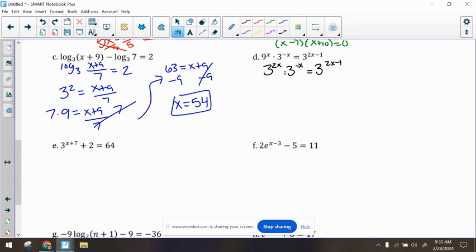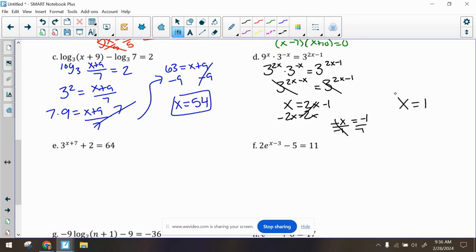I'm going to use my properties to make this 2x minus x, which is really 2x plus -x, but I can combine it because I want these to be balanced on both sides, because if we have the same base, I am allowed to set the exponents equal. At the same time, I know that 2x minus x is just x, so x equals 2x minus 1, and then I solve. So I subtract 2x on both sides, and I'm left with -x equals -1, and if I divide by -1, x then is +1.